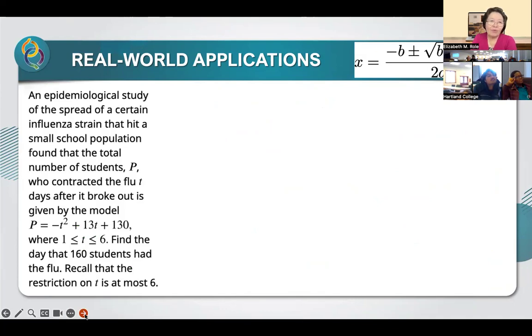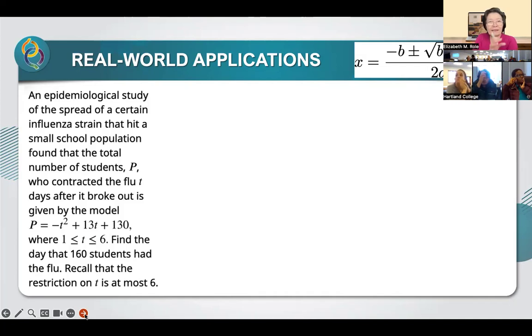They found a model where the days would be between 1 to 6, and P is the number of students who contracted the flu T days after it broke out.